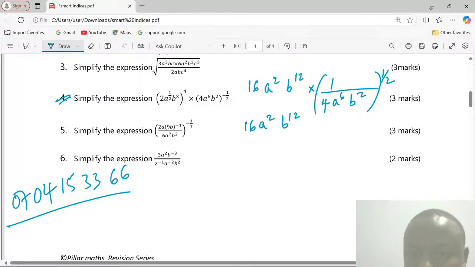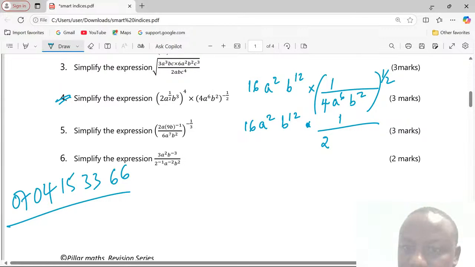And now we are multiplying this by 1 out of the square root of 1, which is just 1. Then 4 raised to power half becomes 2. A power 6 raised to power half becomes a power 3. B power 2 raised to a half remains just b.